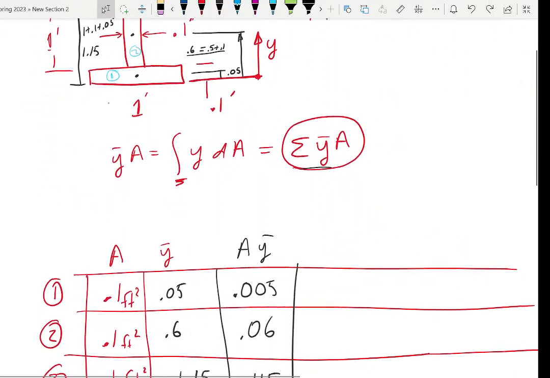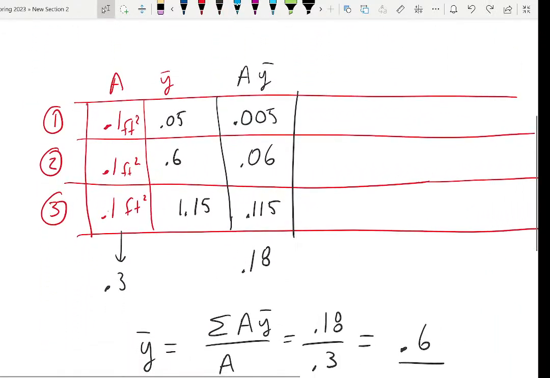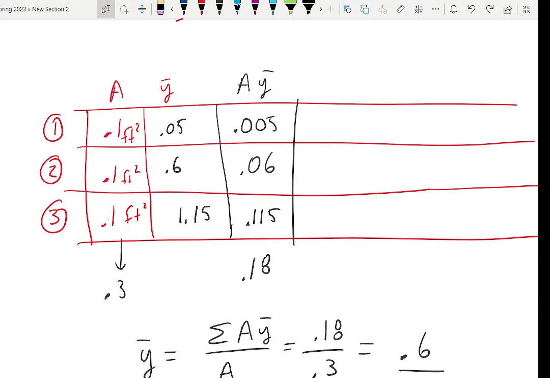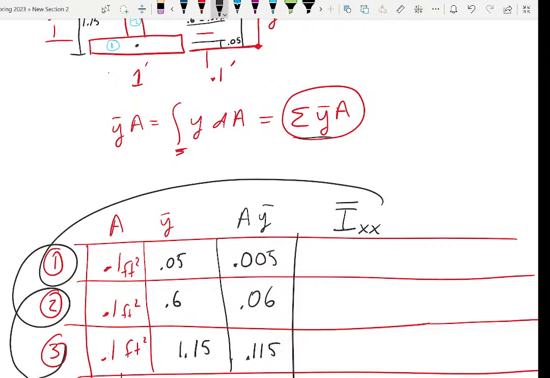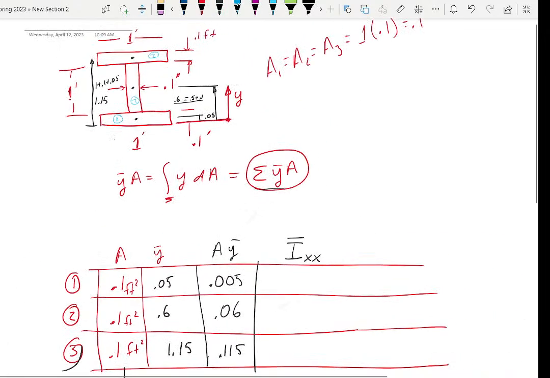Now comes a new term. I want to do something interesting here. I want to do I bar xx for each one of these. And this is where it becomes different.